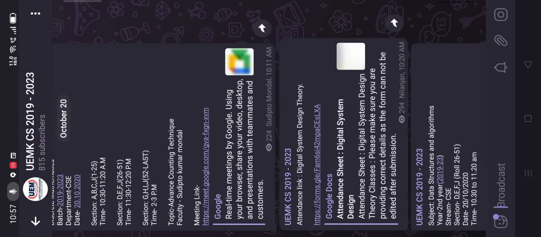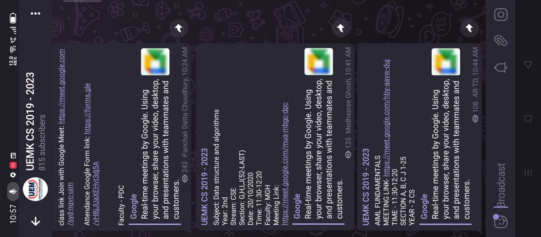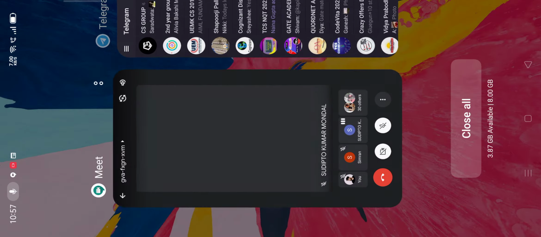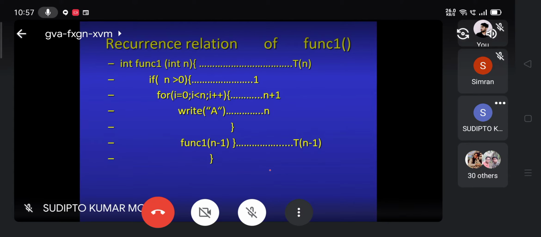Then the if statement, the for loop is there, the statement, and func 1 corresponding. Is this portion clear to all of us?